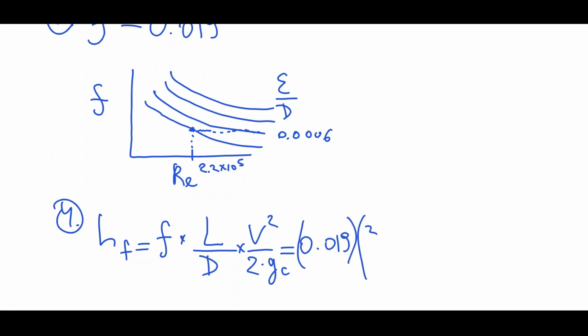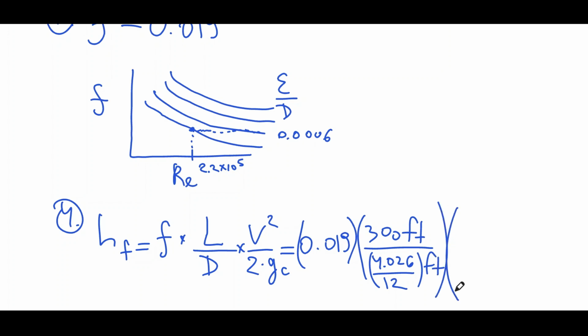Our distance from the problem was 300 feet. Our inside diameter was 4.026 divided by 12 to keep it in feet. Our velocity was 4.03 feet per second to the second power. 2 multiplied by gc, which is a gravitational constant of 32.2 feet per second squared.